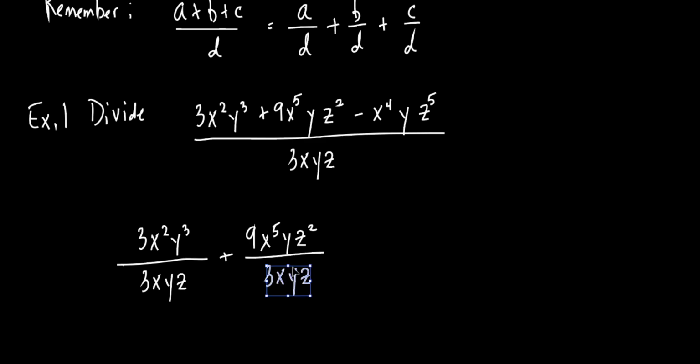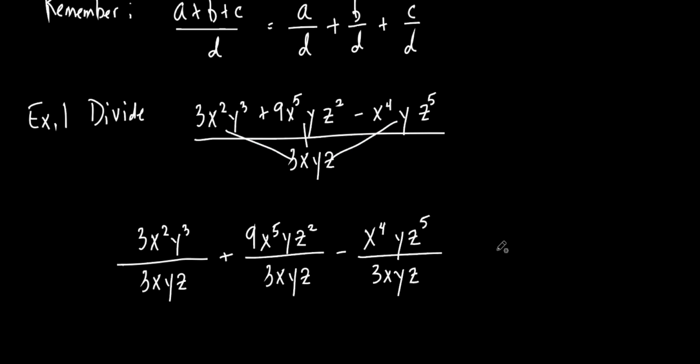Yeah, see, by the time I do all that, I probably could have just written the thing. Minus x to the 4th y z to the 5th over 3xyz. Everybody see that? Yeah, pretty easy. I just took this one, divided it by that, then this divided by that, and then this one and divided it by that. But I just made them all separate.